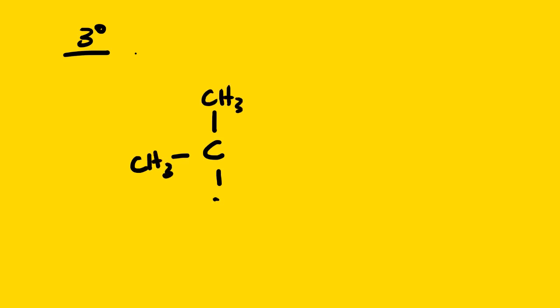And then for tertiary, we know very well that, remember the alkyl halides, if the carbon that is bonded to the halide is bonded to three other carbons, then we say it is a tertiary alkyl halide. So in this case, the carbonyl carbon, if it is bonded to three other carbons, then we say it is a tertiary alcohol. So this is the carbonyl carbon that we have. Then these are the other three carbons that we have. Then this is our hydroxy group.